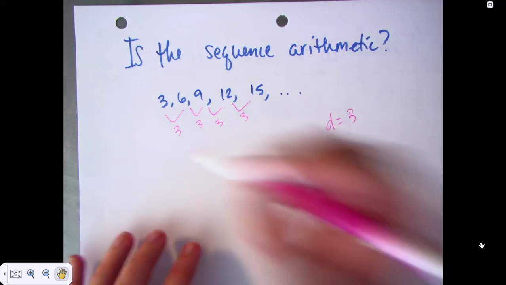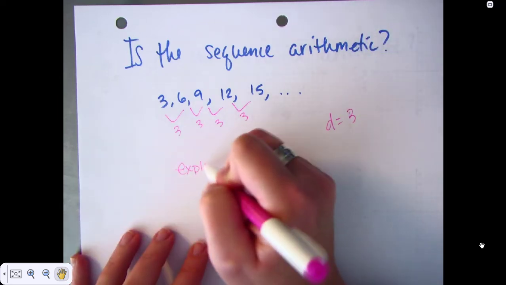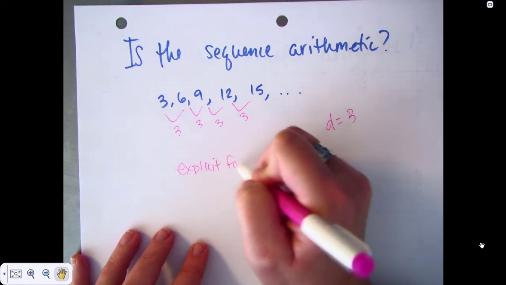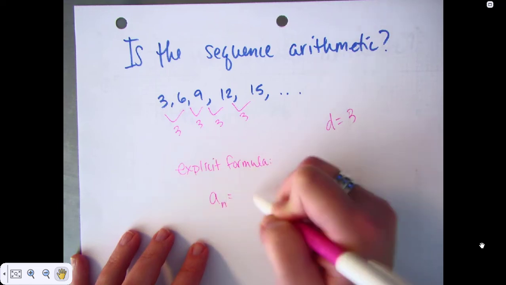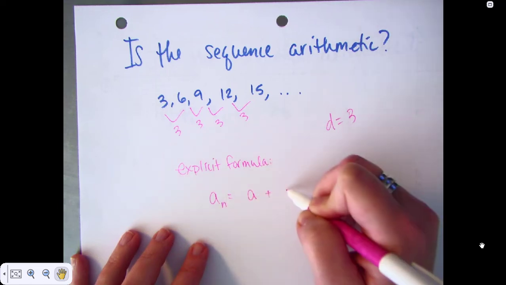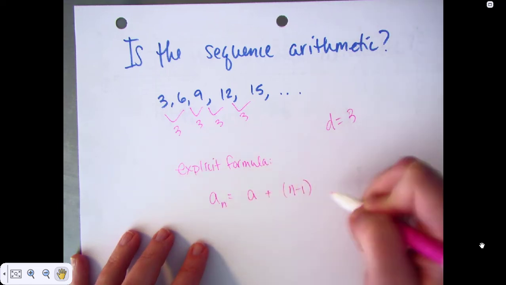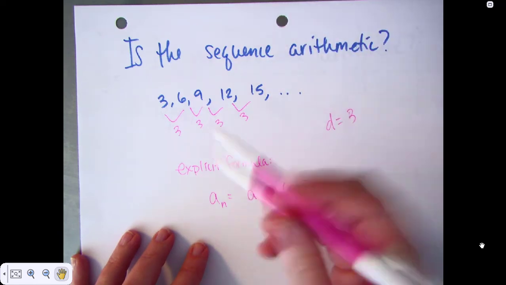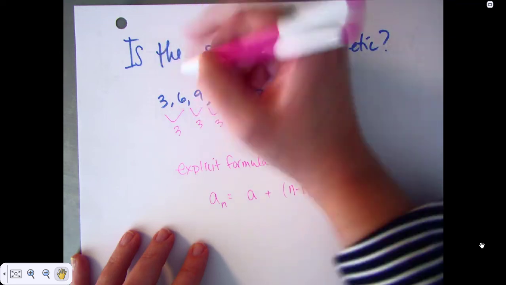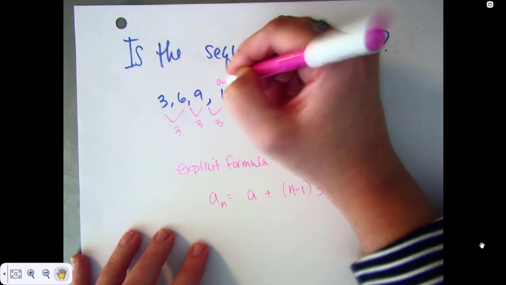So let's write an explicit form for it, which would be a sub n equal to a plus n minus 1 times 3. And if you wanted to choose, let's just choose a sub 4.